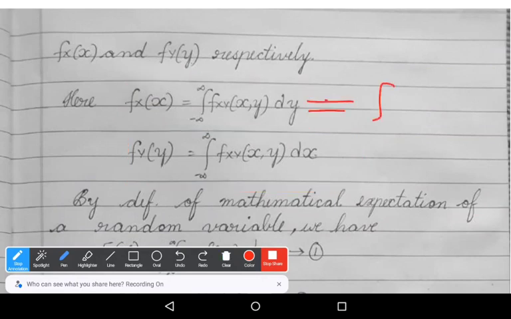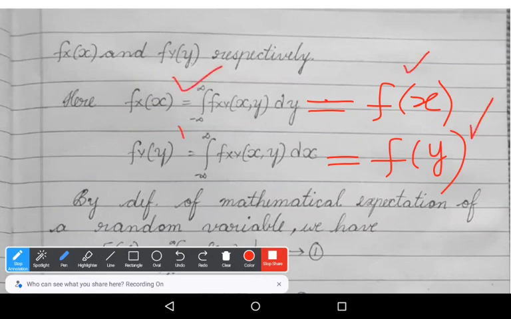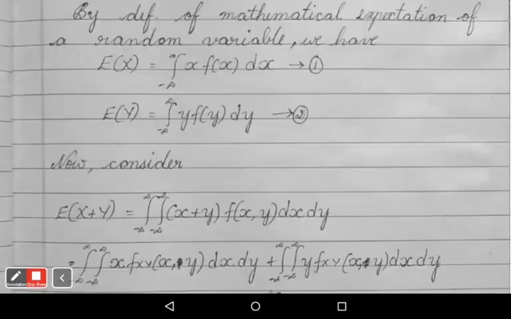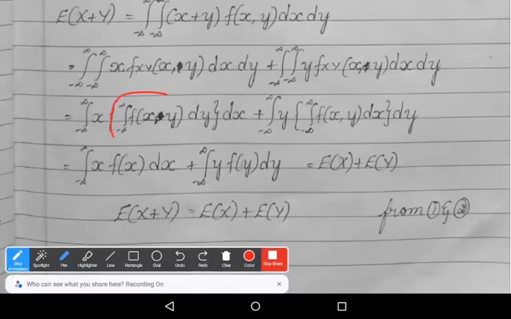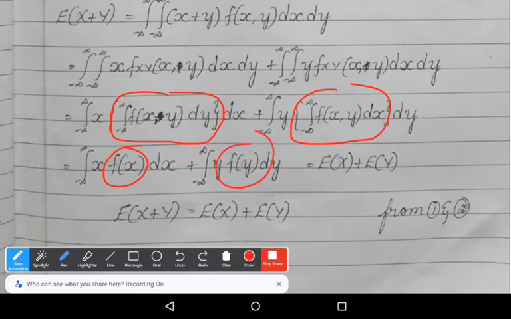These are simply denoted by f of x and f of y. We use the same integrals in the last step here. Observe that integral from minus infinity to plus infinity f of xy dy is equal to f of x, and integral from minus infinity to plus infinity f of xy dx can be written as f of y. That's it. Therefore, finally we get expectation of x plus expectation of y.